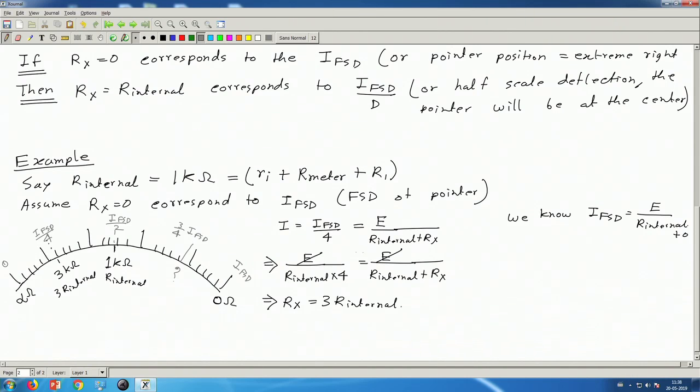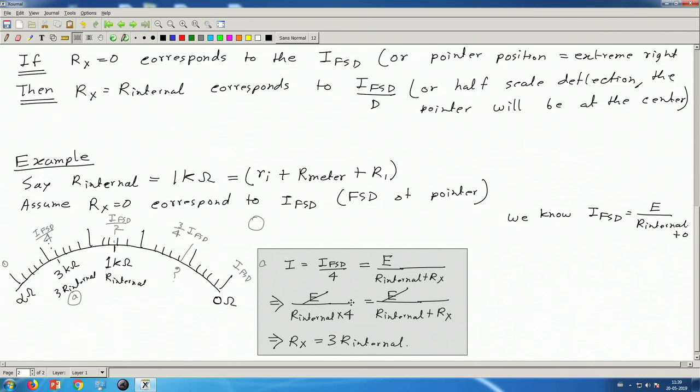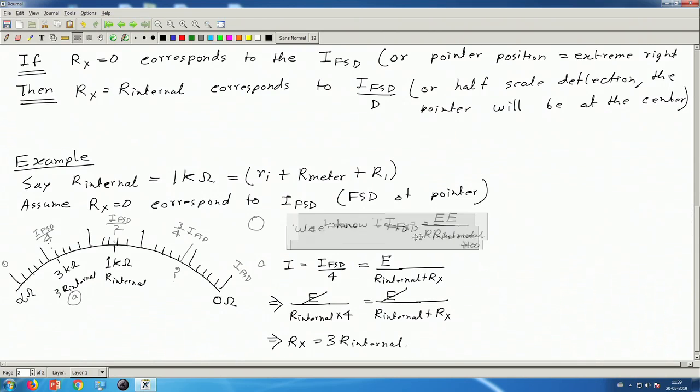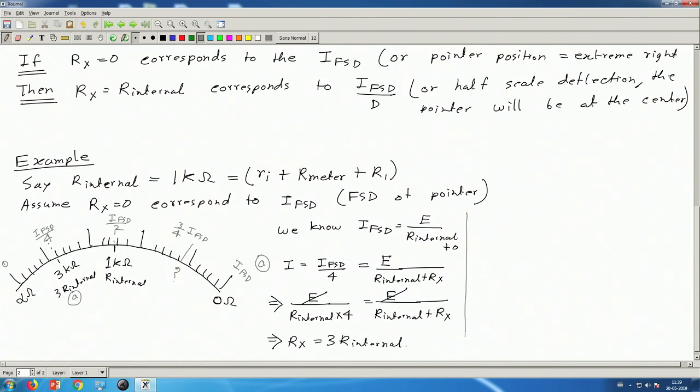So this calculation was for position A. Now for position B, let us do the similar calculation once again.